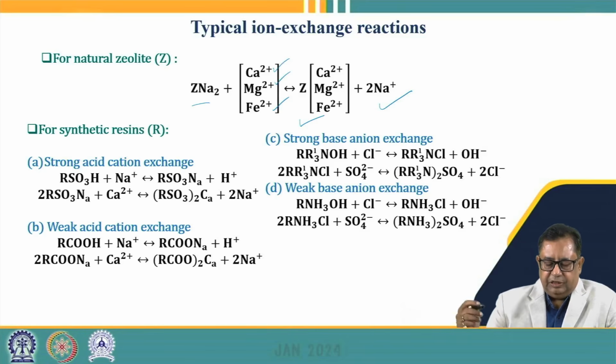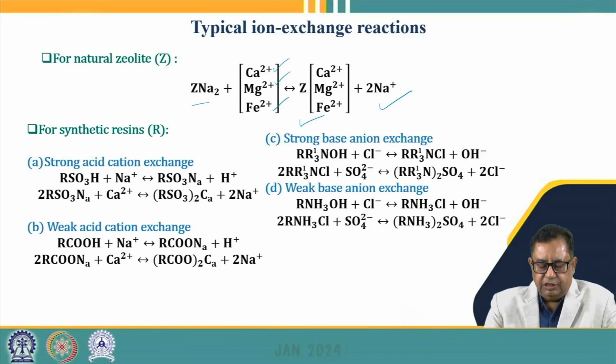And for the synthetic resins, we can have the strong acid cation exchange resin where RSO3H is the general formula, and when it comes in contact with the water which contains sodium ions, sodium ions replace the H plus ions and H plus ions go into the solution. And similarly, this resin can again come in contact with the calcium ions which are present in the water. So calcium ions can replace sodium.